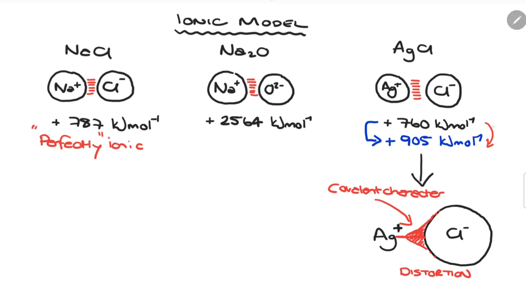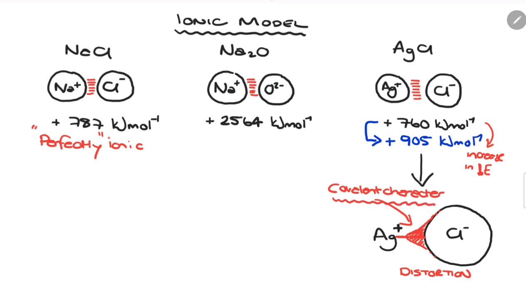The good news is that whenever you see this covalent character, it always causes an increase in the lattice enthalpy value. It doesn't cause a decrease, so you would always see this increase in lattice enthalpy values, and so whenever you see that, it's always a good idea that what you're now seeing is the presence of this covalent character.